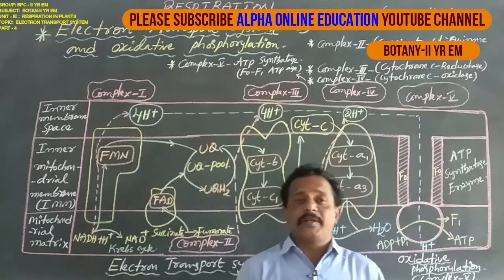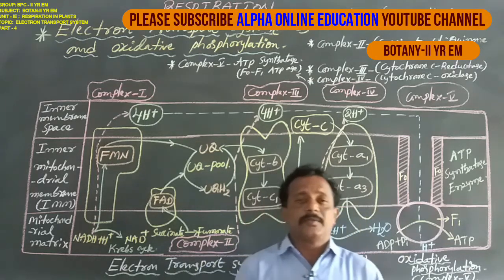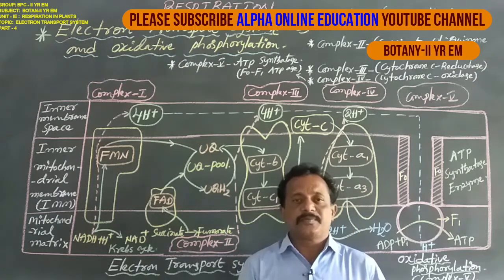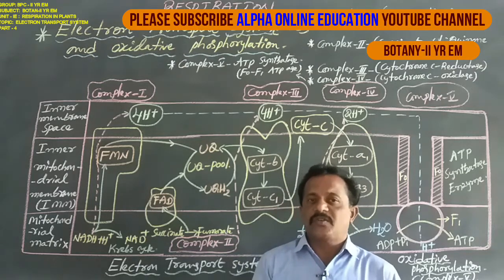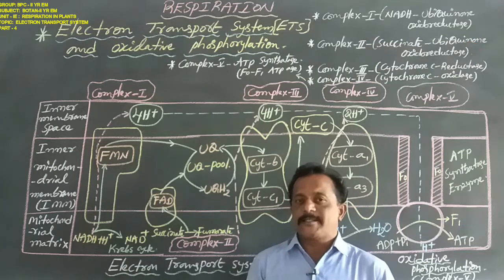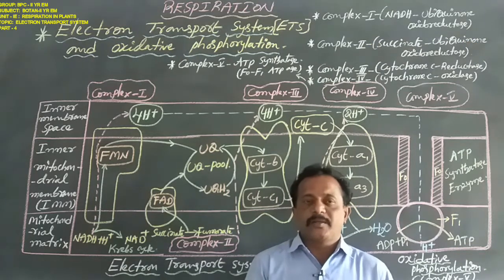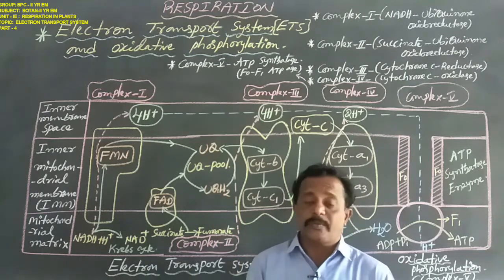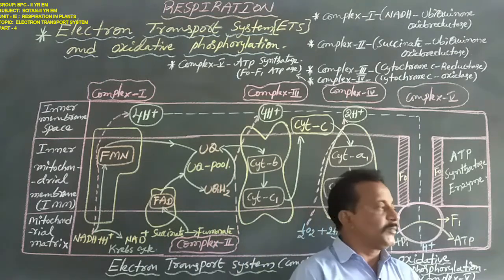In previous classes, we discussed the three steps of aerobic respiration. The first step is glycolysis, the second step is pyruvic acid oxidative decarboxylation, and the third step is the Krebs cycle.